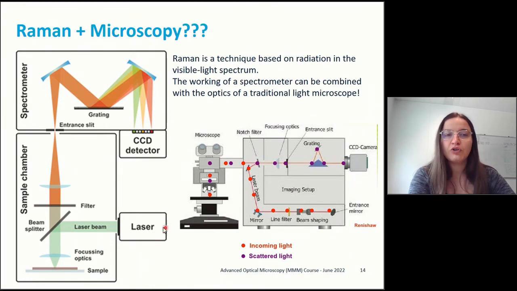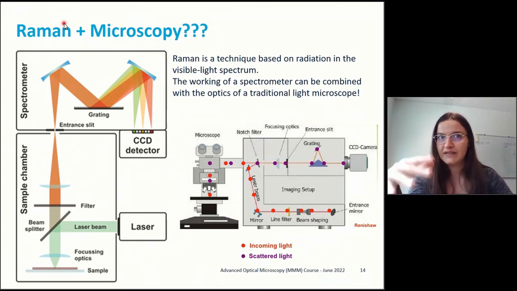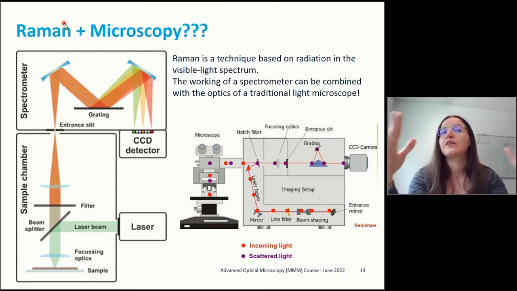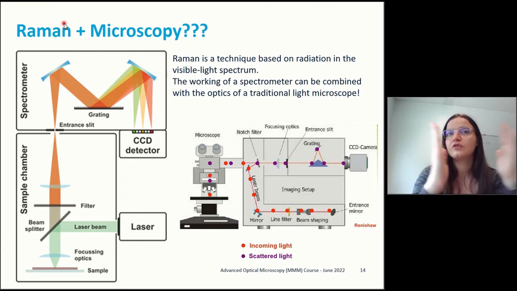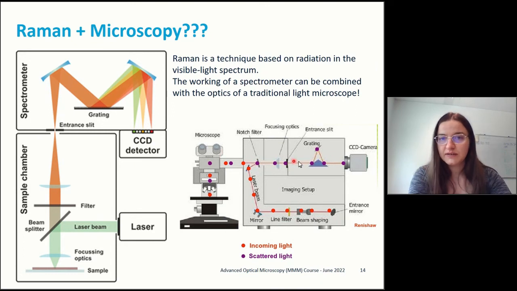And what you want to make sure of is that you collect whatever radiation comes out, and the radiation gets split by the grating and gets to the detector, so the detector is able to really differentiate through all the energies that you actually spit out. So this is the classical setup of a Raman microscope.